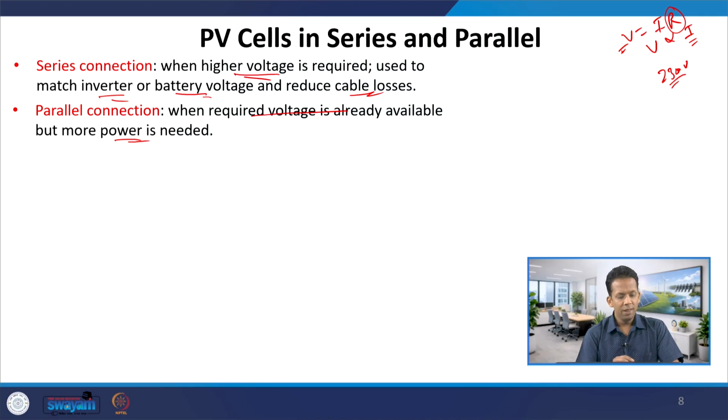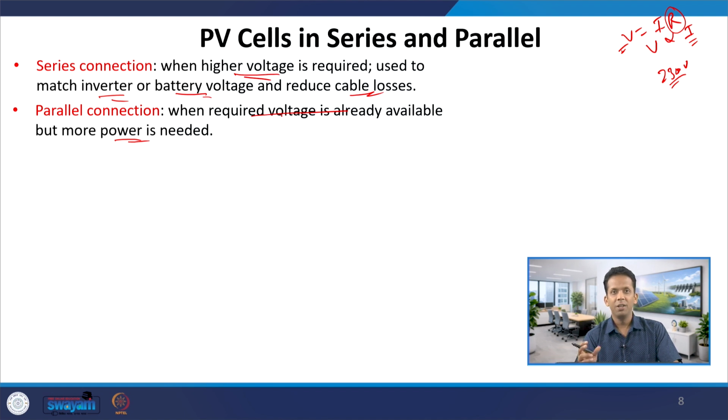And for series, if the desired voltage is not reached, till that point the cells would be connected in series so that the desired voltage is reached, and then to increase the power further, parallel connections can be considered, because once the desired voltage is reached, if we go on connecting cells in series, it will increase the voltage further.